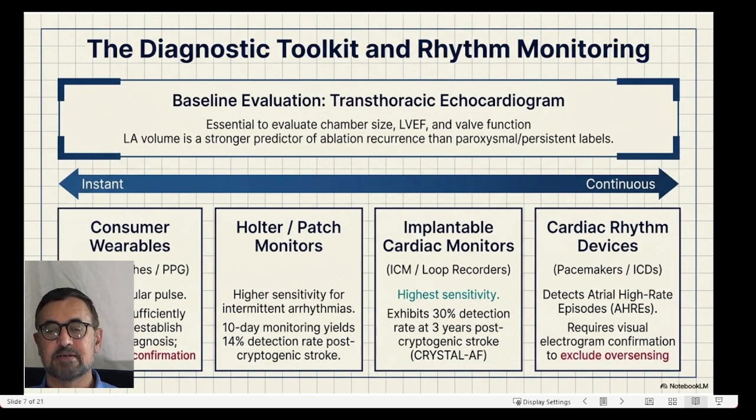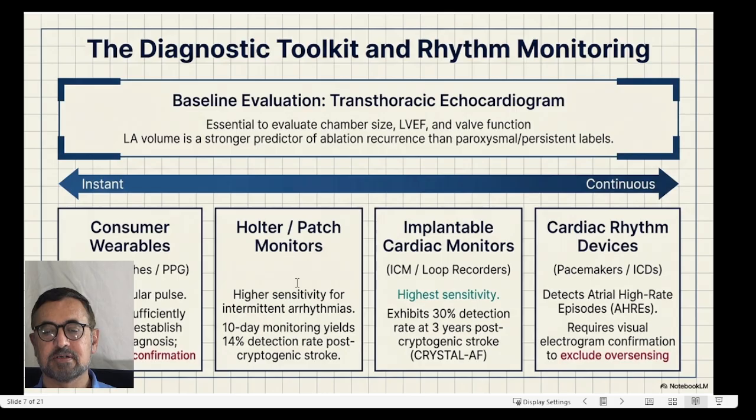Now, we can detect Afib by many different mechanisms. Consumer wearables, Holter patch monitors, implantable cardiac monitors, cardiac rhythm devices, all of these are ways by which we can detect Afib. For structural assessment, transthoracic echocardiography is essential.